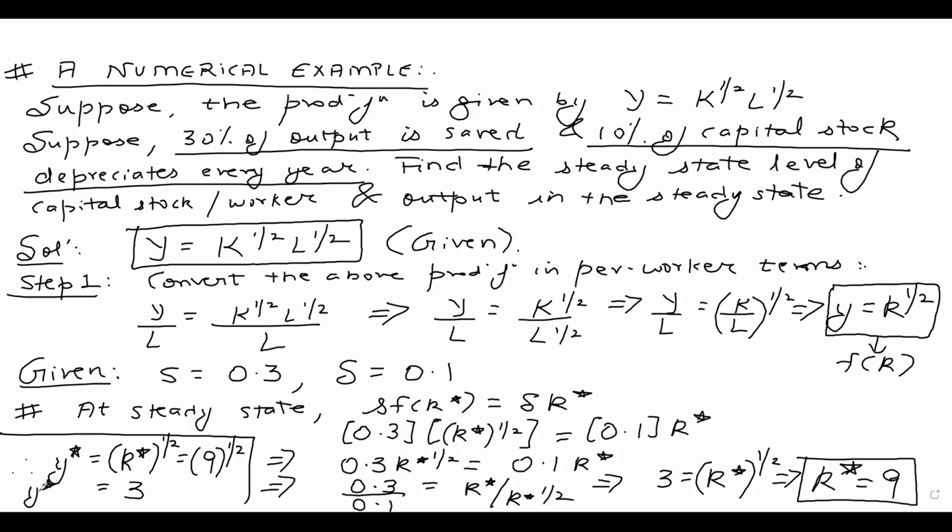Apply the condition of steady state, s f of k star, which is my investment, is equal to depreciation, which is delta k star. s is 0.3, f of k star is k star to the power half, delta is 0.1 times k star. Solve for k star, you get k star as 9. Plug it back into f of k, you get y star as 3. So I hope all students have understood this numerical example. Okay.